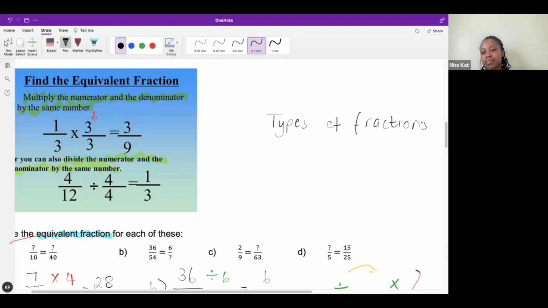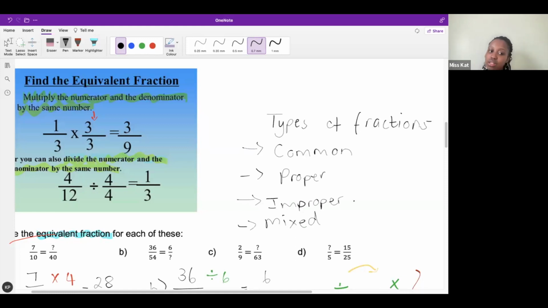Okay, let's name them. Number 1 is my what type of fraction? A common fraction. Okay, that's fine. A proper fraction. An improper fraction. A mixed fraction. Equivalent is not quite part of these.